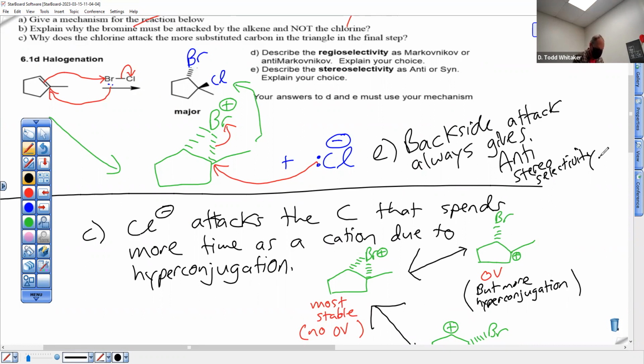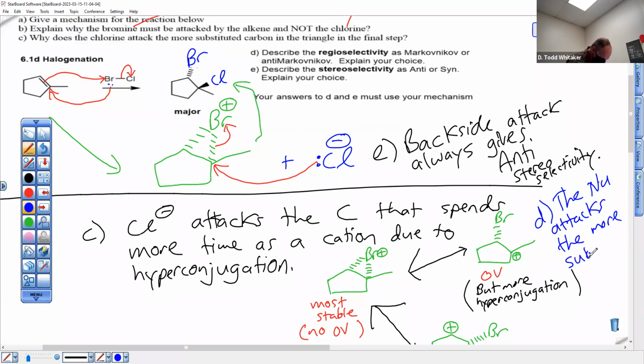D. And we'll do it on the bottom here. D. The new Cl attacks the more substituted carbon.